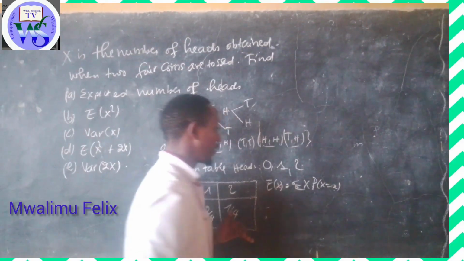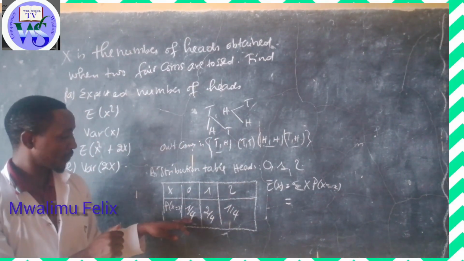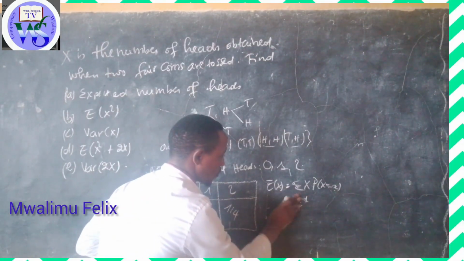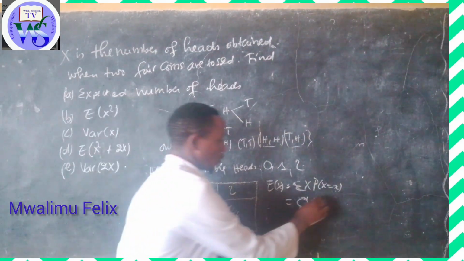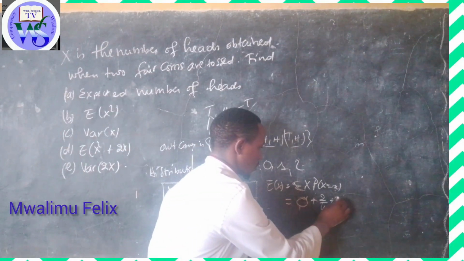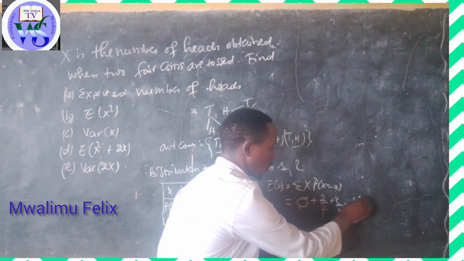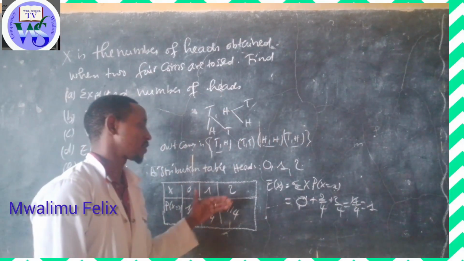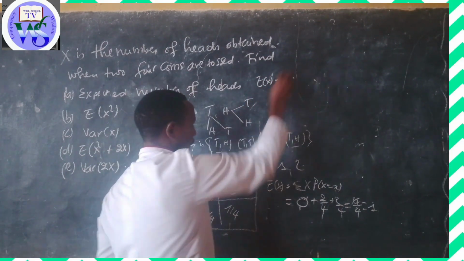So we multiply: 0 times 1 over 4 is 0, plus 1 times 2 over 4, which is 2 over 4, plus 2 times 1 over 4, which is 2 over 4. This is 4 over 4, which equals 1. So E(X) is equal to 1.